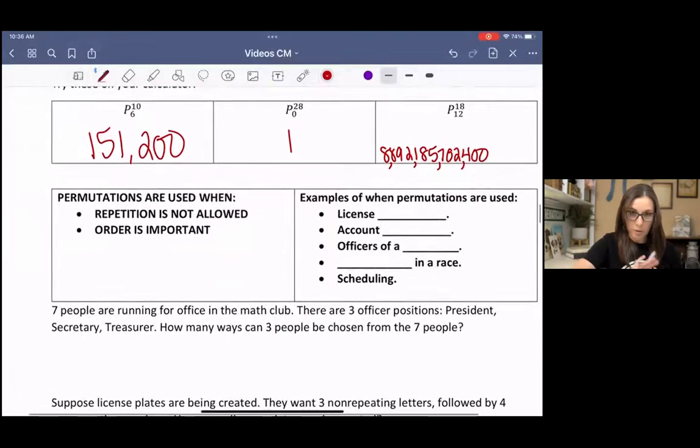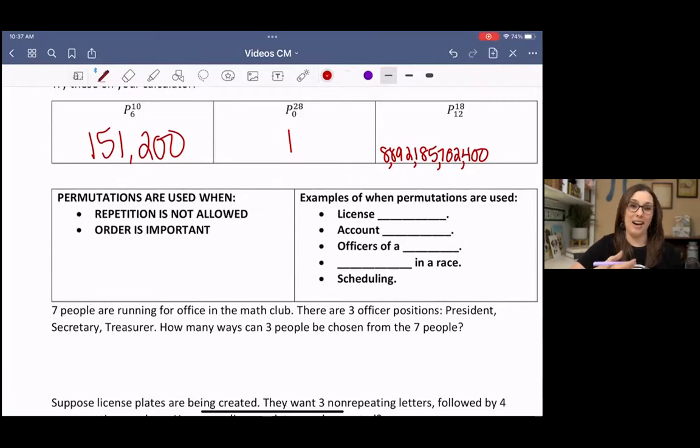So I promised that I would talk to you about when we use permutations. Permutations are used when repetition is not allowed and order is important. So what do I mean by order is important? If you were running a race, let's say, or competing in a tournament, then don't you think that if you got first place, that would matter?